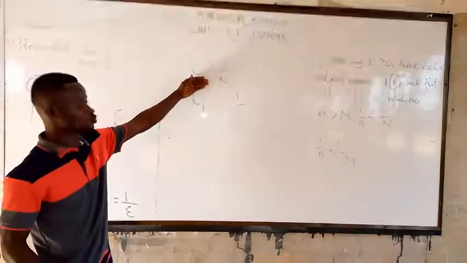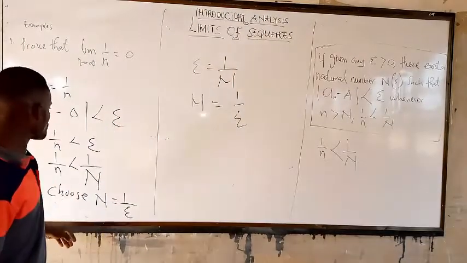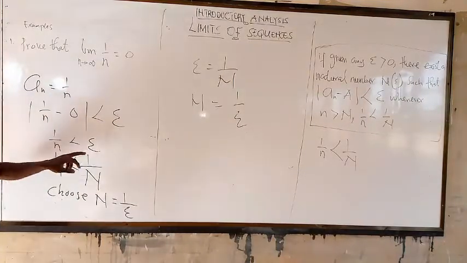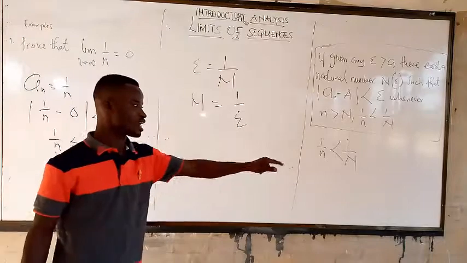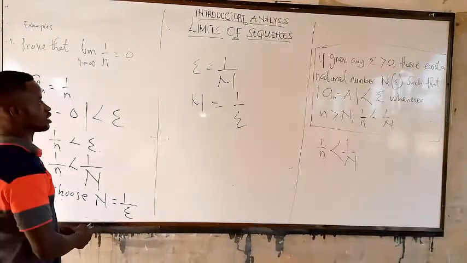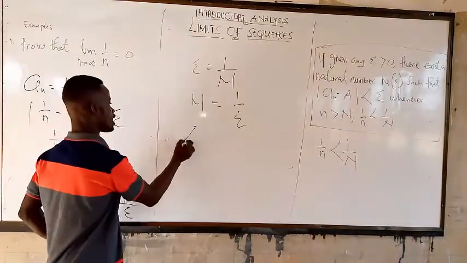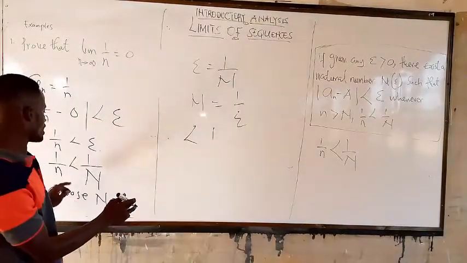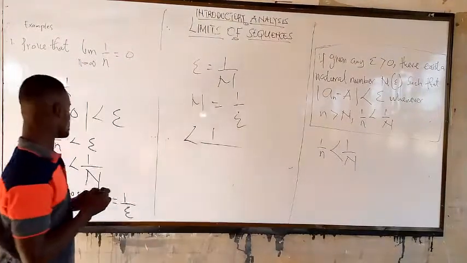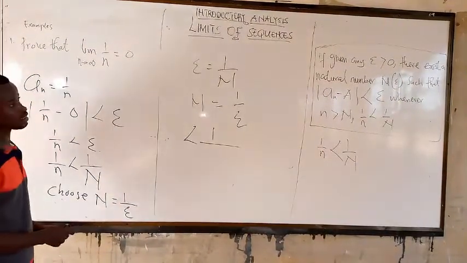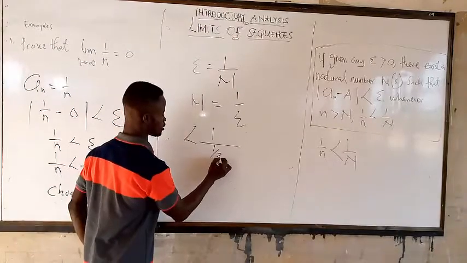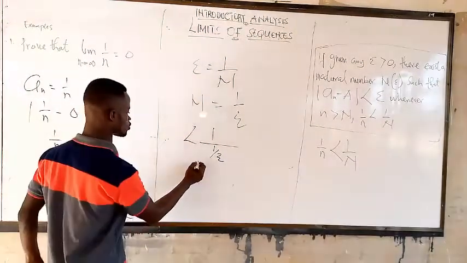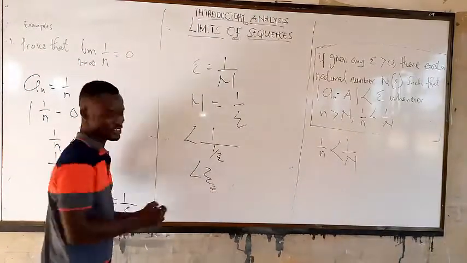And I have explained to you here that if 1 over n is less than the epsilon, then the epsilon is 1 over capital N. So by substitution, epsilon is 1 over, don't bring this side again. And the capital N is 1 over epsilon. And you know that 1 over epsilon is just going to be less than epsilon.